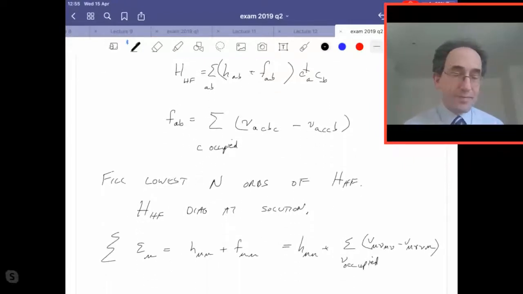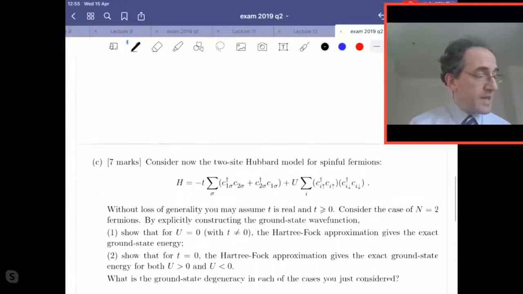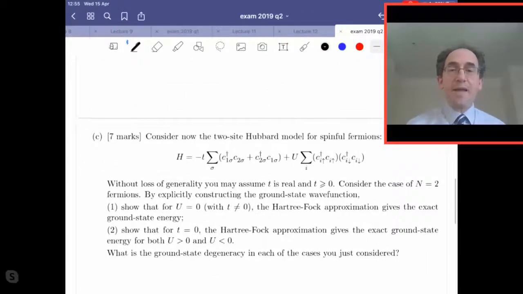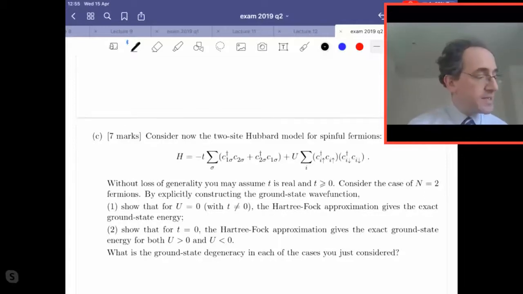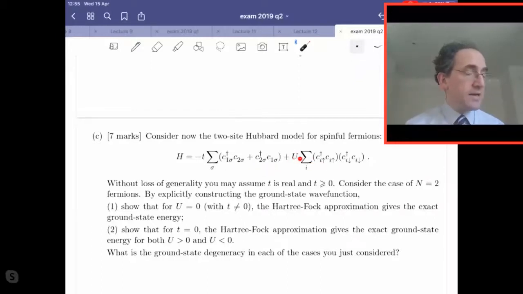Okay. So far, this has been pretty easy. Now we start actually getting some real physics. Consider now the two-site Hubbard model for spinful fermions. It has a two-site hopping term and an on-site interaction U whenever there's an upspin and a downspin on a site i.